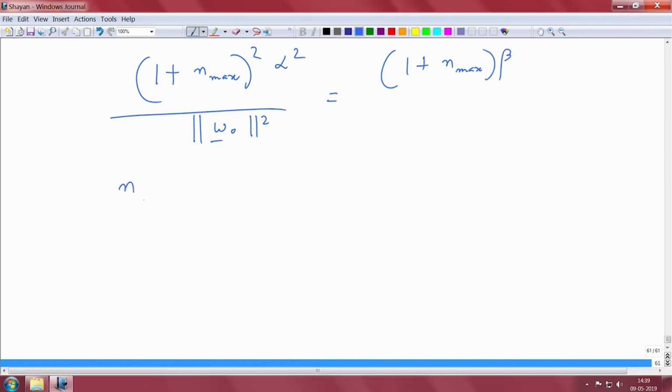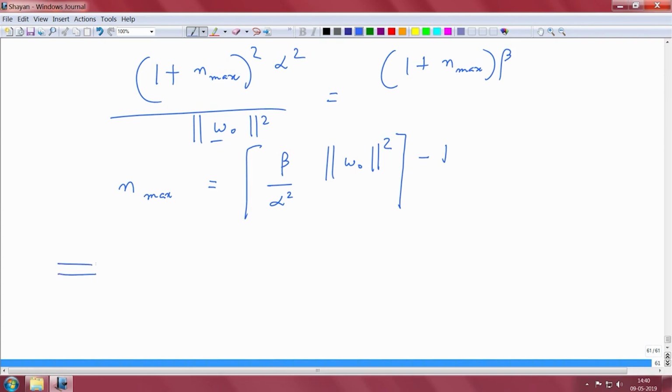So, you can figure out that n max has to be beta upon alpha squared norm w 0 squared minus 1. So, you may be wondering, this has to be an iteration. So, therefore, you can kind of ceil this function up to get the nearest integer, and then this quantity n max is going to be an integer.